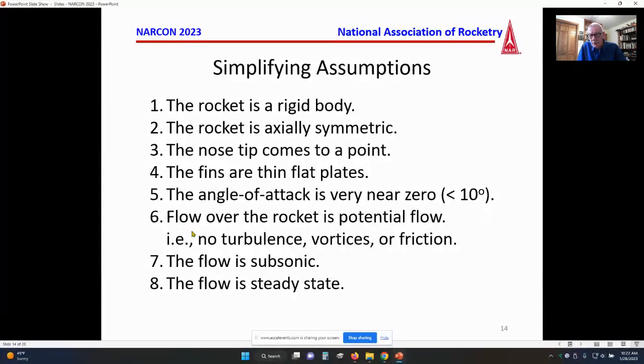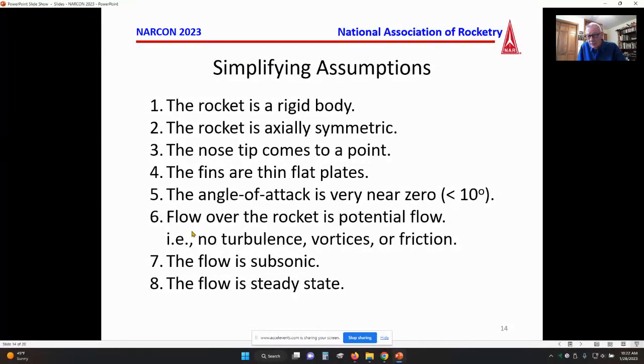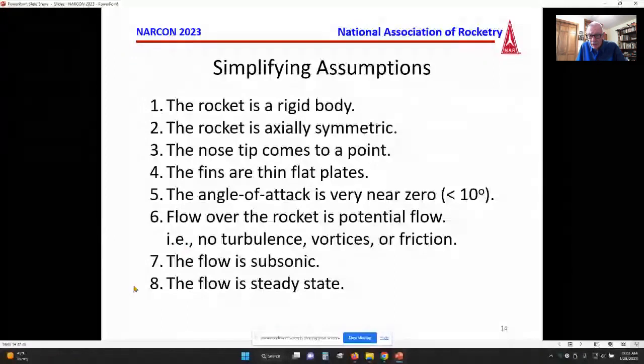Many of these assumptions, down to number 7. The key on number 7 is, of course, that we are subsonic in model rocketry, not supersonic. So we can't use, or don't want to use, the supersonic analysis.